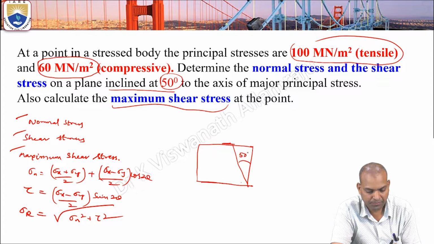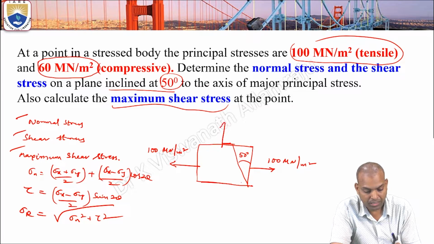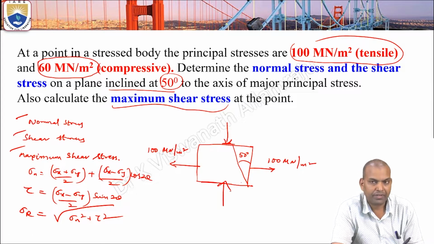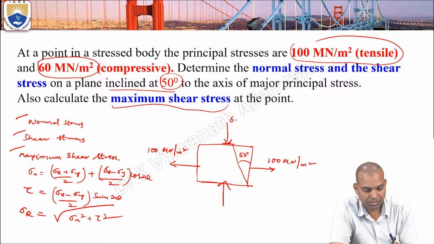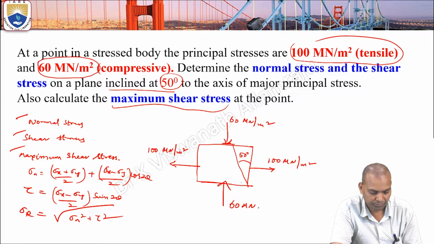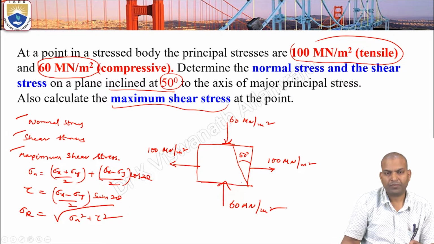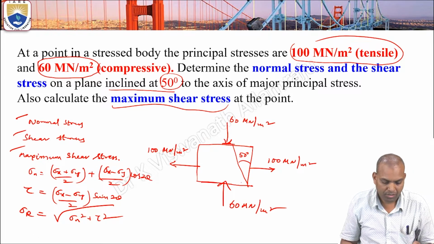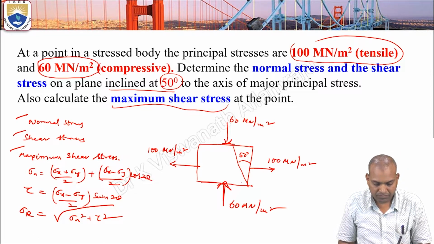Sigma x is 100 meganewton per meter square, and the stress given in the y direction is compressive, not tensile, that is 60 meganewton per meter square. This is the data in pictorial presentation, and the figure will be visible.